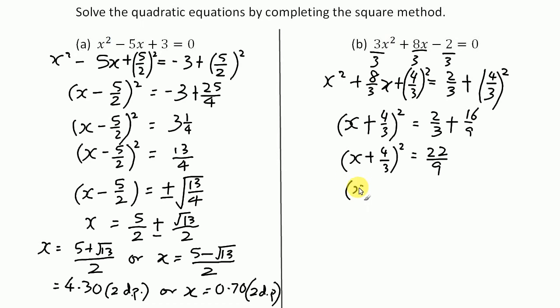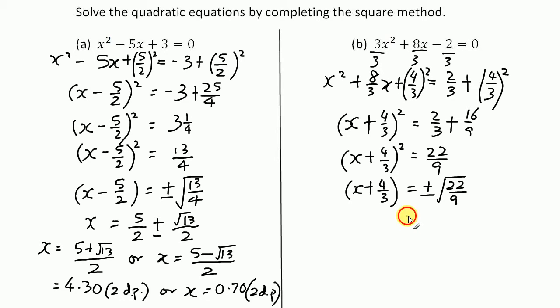So x plus 4 over 3 equal square root of this. And when we take the square root of this, we should have plus and minus square root of 22 over 9.